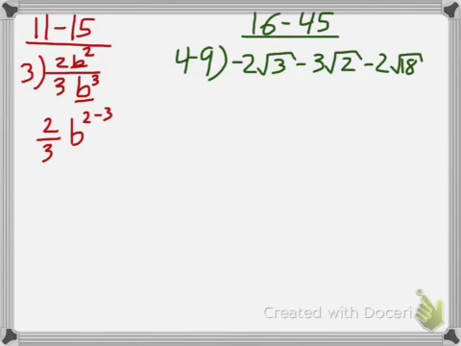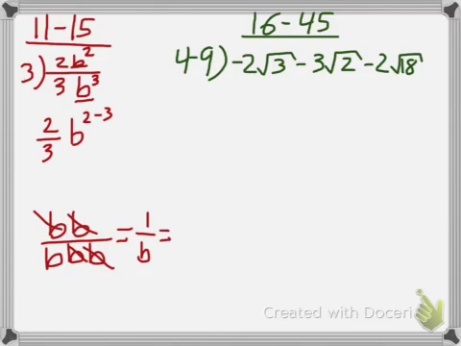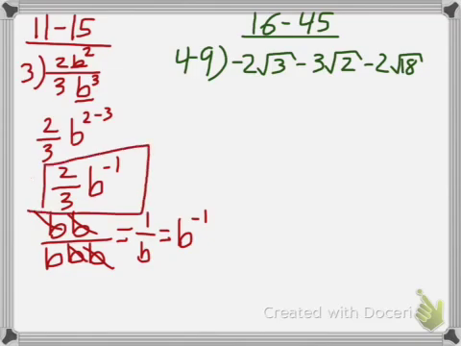If you're wondering why this is, well, it's kind of like we have 2 b's on the top, b squared over b cubed. And that's going to give us, that will cancel out with that will cancel out with that, 1 over b. Or another way that we could write this is b to the -1. Which, if we look up here, that's exactly what we're going to get. This is equal to 2/3 times b to the -1, because 2 subtract 3 is -1. So this is the reduced down form of it.